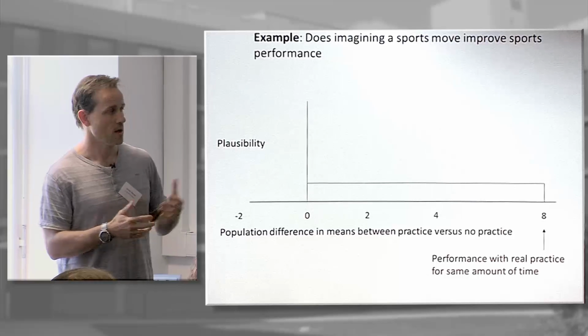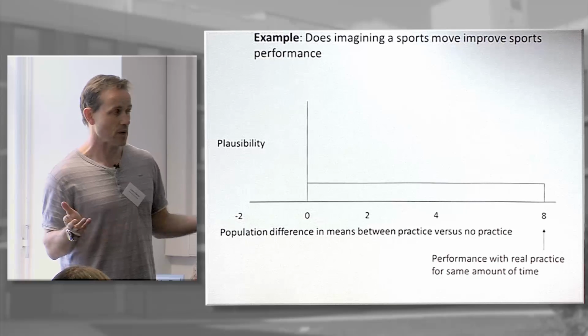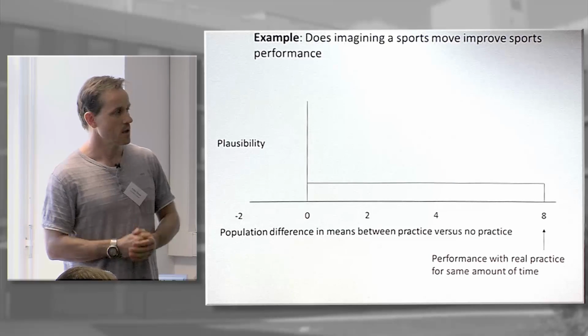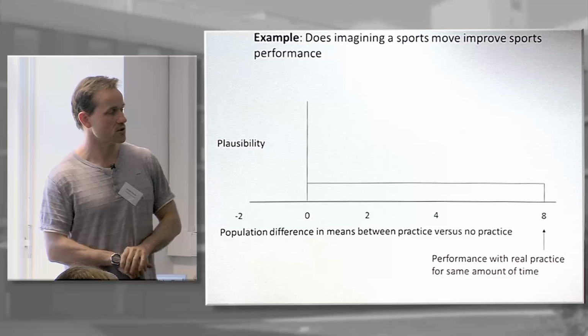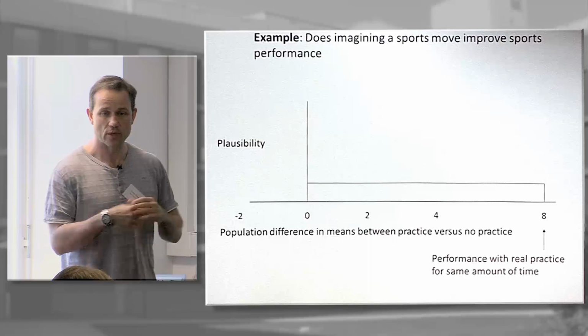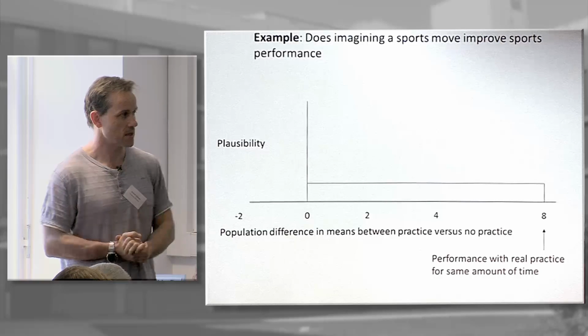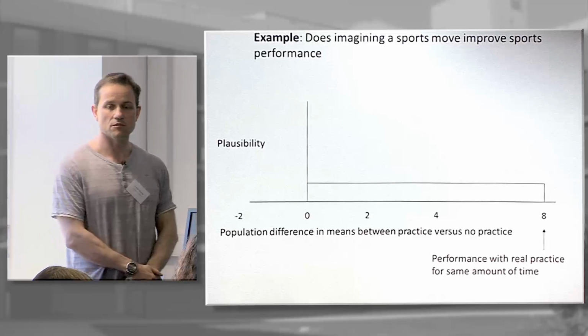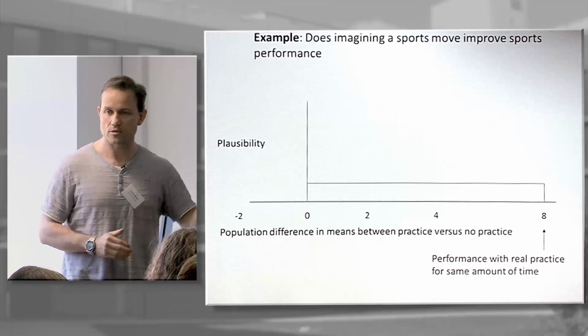Okay, might improve your performance by 1 ball, 2, up to 0 to 8. Now, what the uniform is saying is all the values between 0 and 8 are equally likely. And if you're willing to say that and put 8 as the maximum, then that's the representation of the alternative hypothesis.